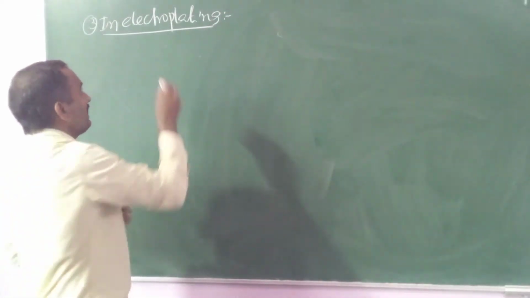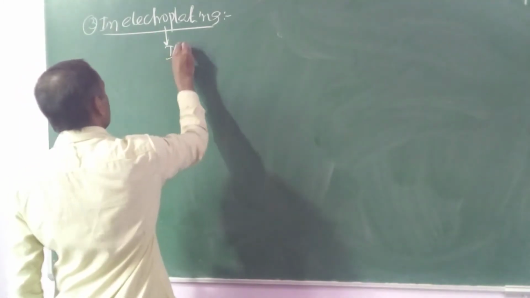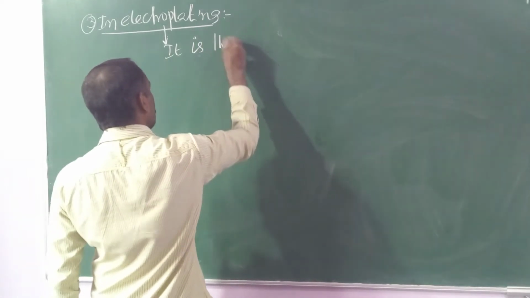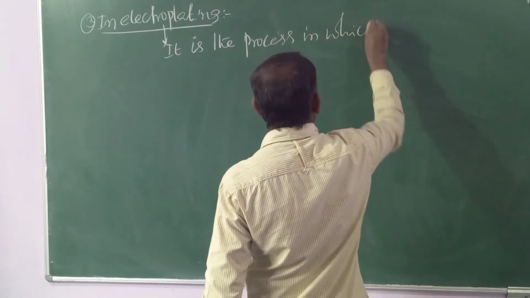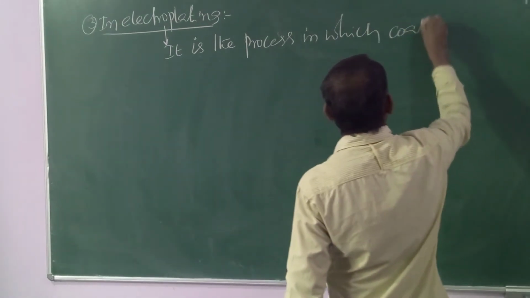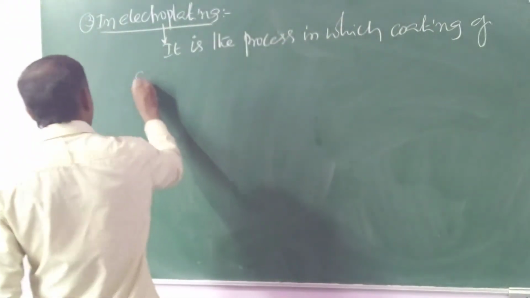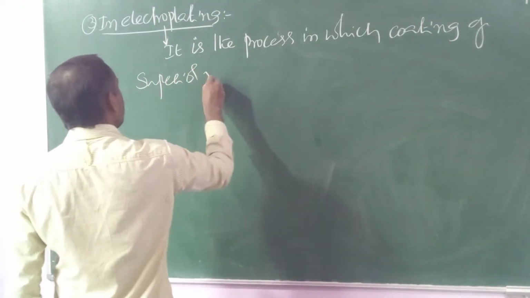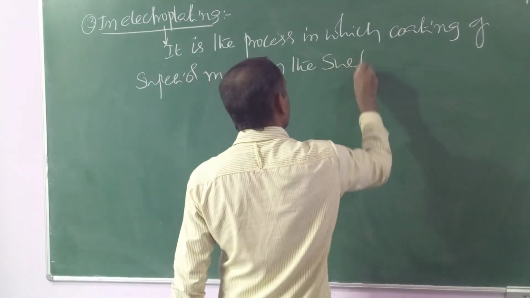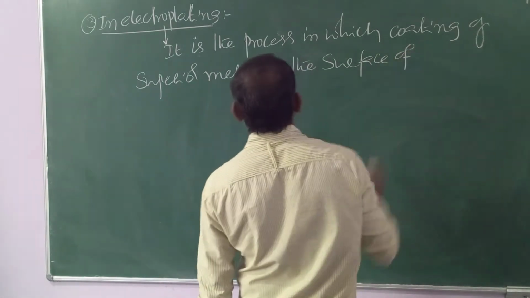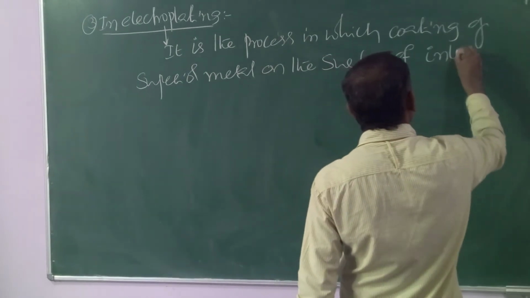Electroplating is one of the processes in which there is coating of a superior metal on the surface of an inferior metal.